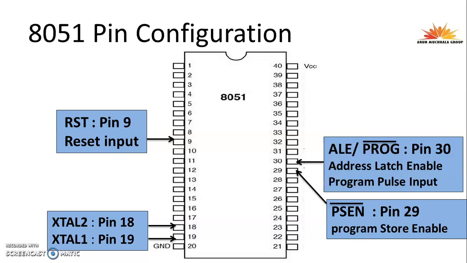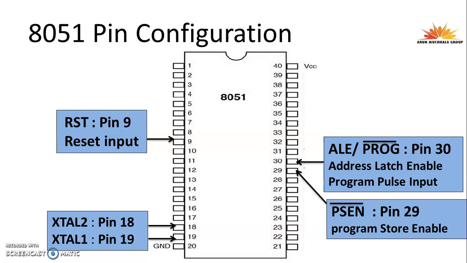Pin number 30. Pin number 30 is ALE or PROG bar pin. ALE is address latch enable, an active high pin. This pin is used for latching the lower byte of address during access to external memory.